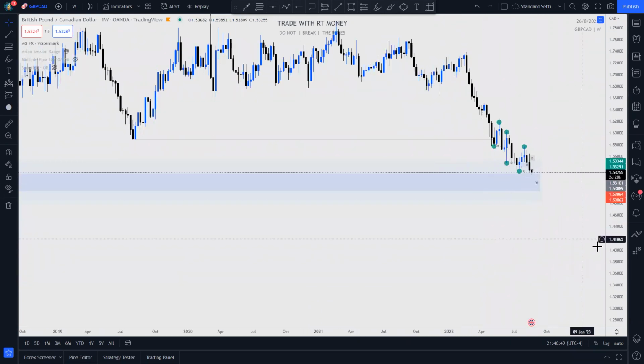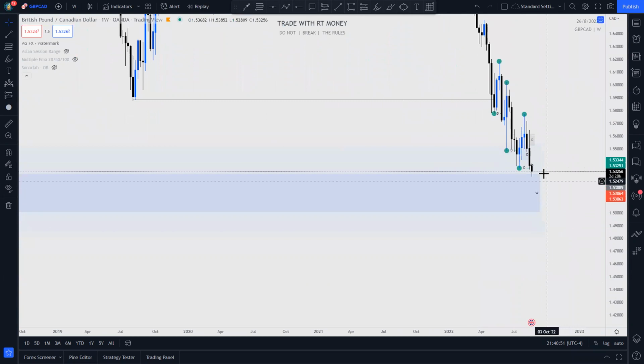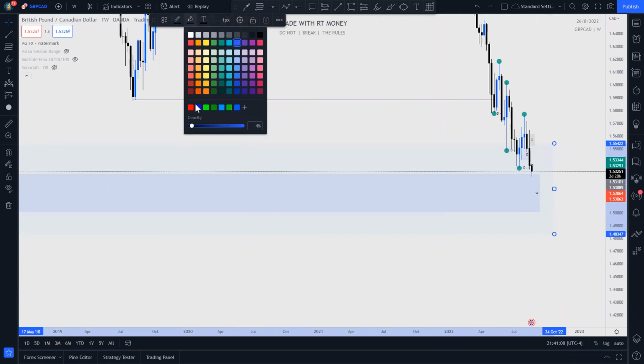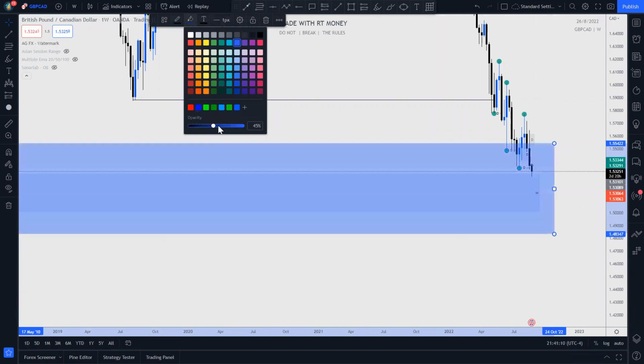But what I want you to pay attention to is this zone that we've found price at right now. The current levels are inside of a very large monthly zone. You can see the lighter colored zone here. Matter of fact, if you can't see it, I want to make it plainly obvious.